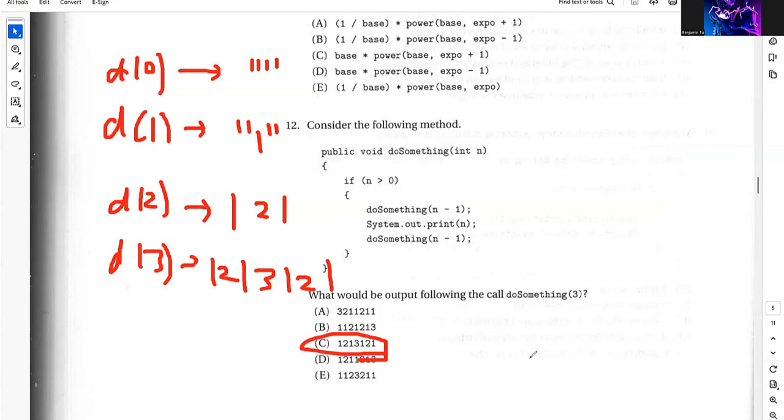Okay, this is a typical bottom-up problem. Don't go top-down. It'll be more difficult. Does that make sense? So when you need to trace the program, you have to determine whether it's going top-down or bottom-up.